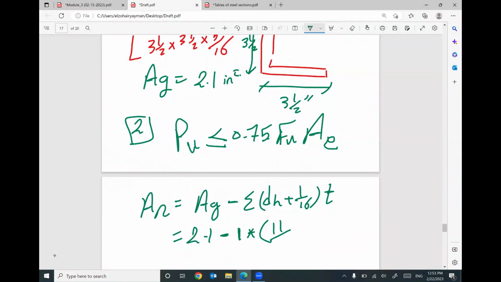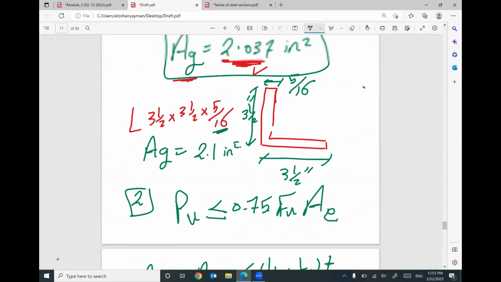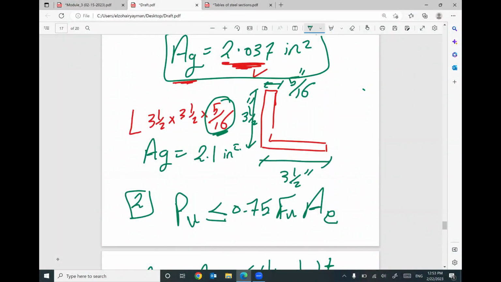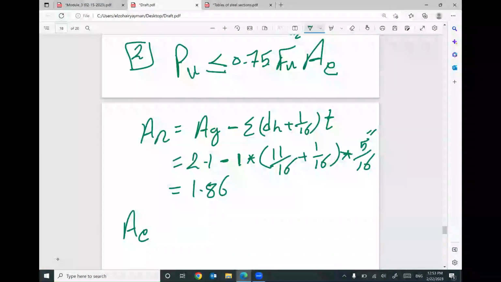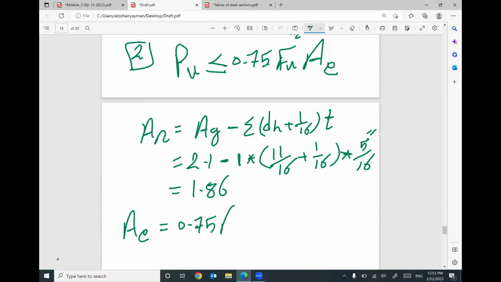So 11/16 plus 1/16 times thickness. Your thickness is 5/16 because you selected the thickness which is 5/16 inch. So your area net equals 1.86, and your area effective equals 0.75 area net. So your value will be something very small, 1.4 inch square.